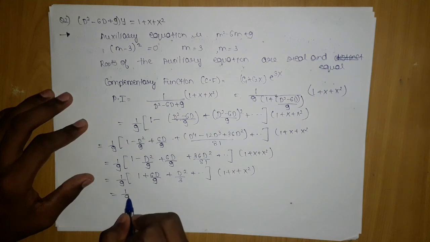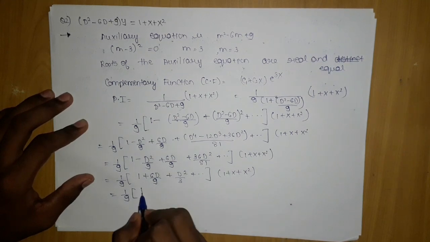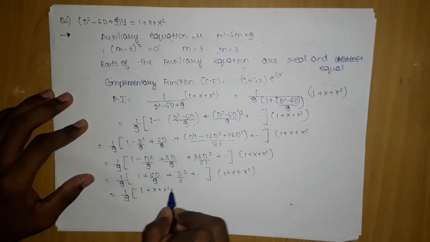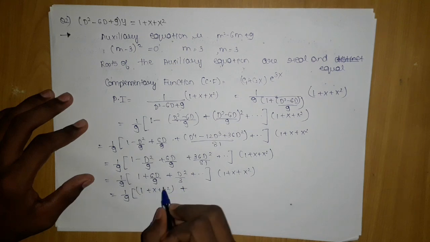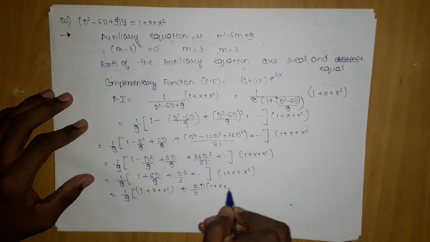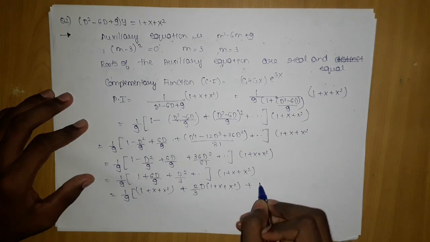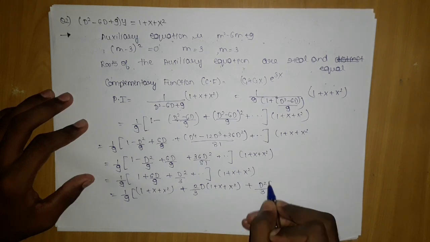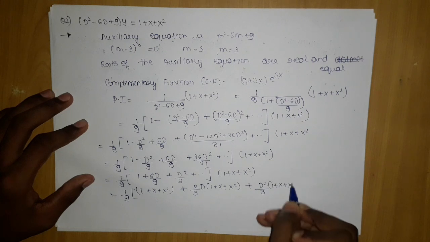After this 1 by 9 will be as it is. We are going to multiply this inside 1 plus x square, plus this is nothing but 2 by 3 D into 1 plus x square, D square by 3 into 1 plus x square.